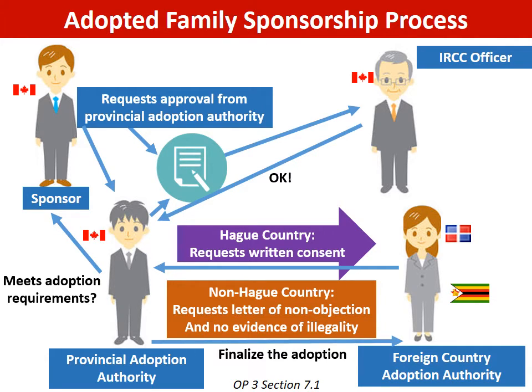Alright, so this is really a step-by-step analysis of the processes that people go through in terms of adoption. We'll take a look at the legal text in the next couple of slides as well, just to, again, reinforce this.